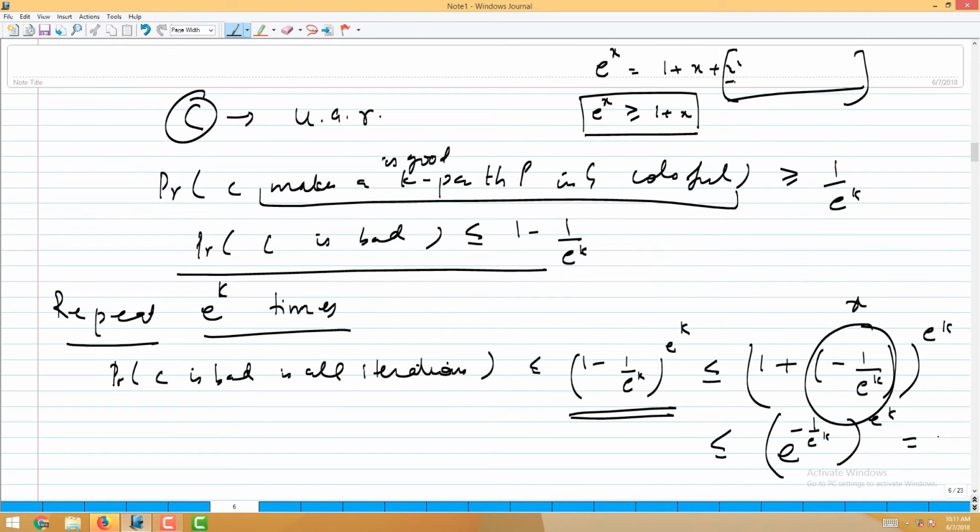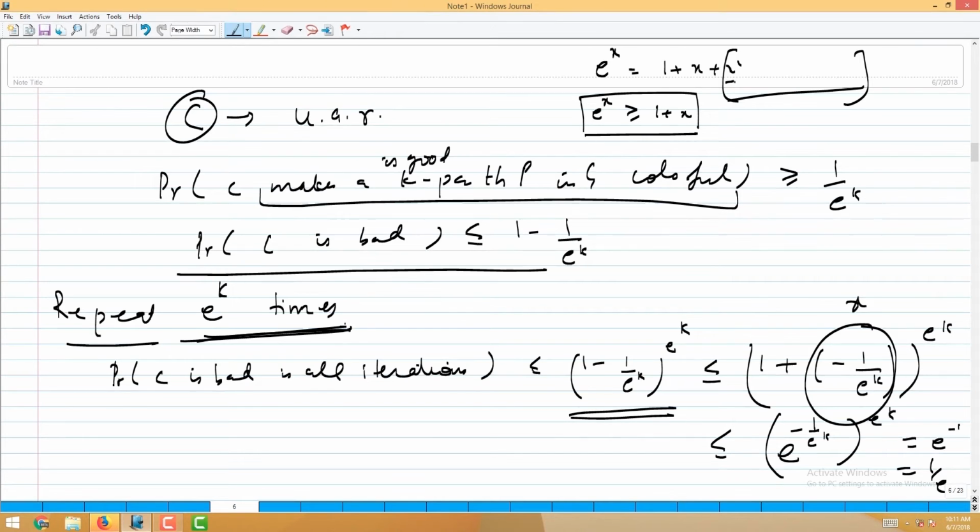So this is nothing but e power minus 1, or 1 by e. Okay. So what we have proved is that if I repeat this experiment e power k times, then the probability that C is bad in all iterations is at most 1 by e.